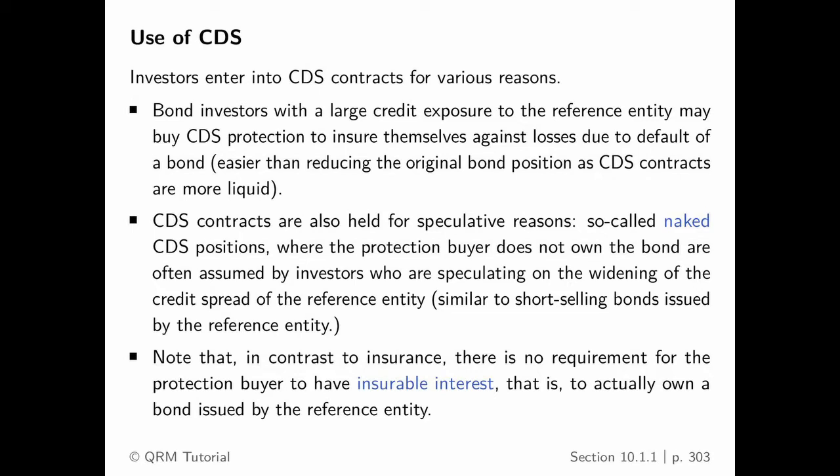But the bond market is not particularly liquid, and to sell a very large amount of the company's bonds would probably lead to a loss through liquidity risk. Whereas it is easier to do a CDS. The CDS market is more liquid, so rather than reducing the original bond position, you could do a CDS. So this was the original reason for CDS.